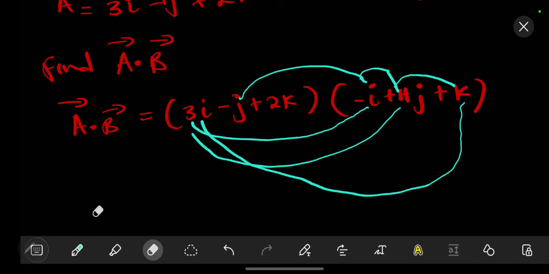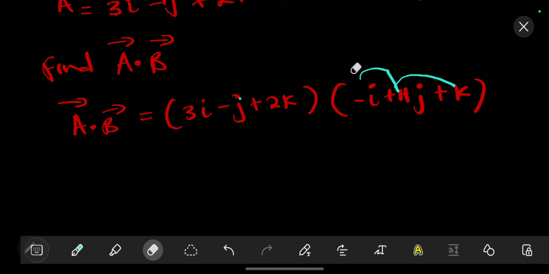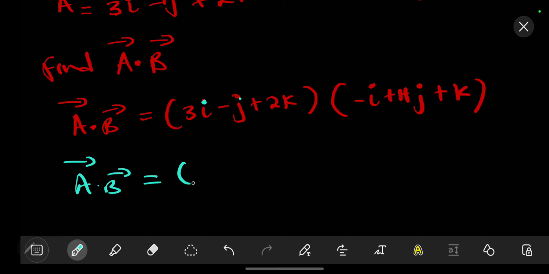So what we are going to do is this. Our A dot B shall be equal to, since this is the I component, your 3i times your negative i, like that.